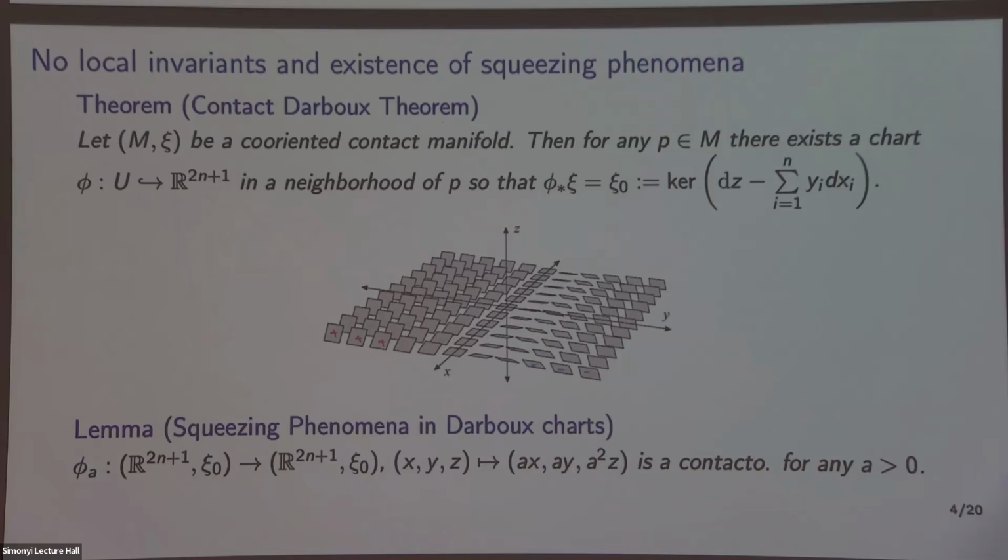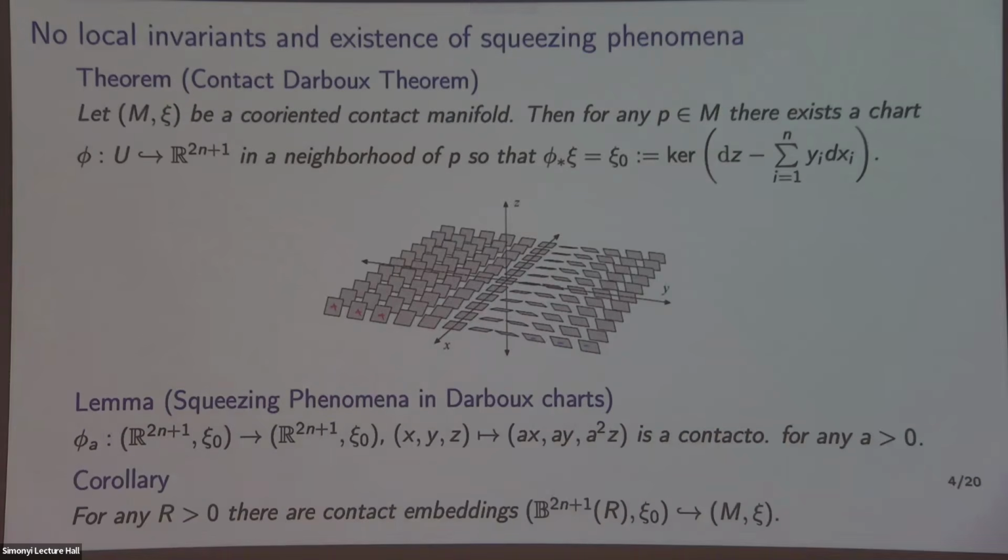So what is this contactomorphism? It sends (x, y, z) to (ax, ay, a^2 z), where a is just a positive number. When a is very small, you can squeeze a very big bounded set inside a neighborhood of 0 as small as you want.